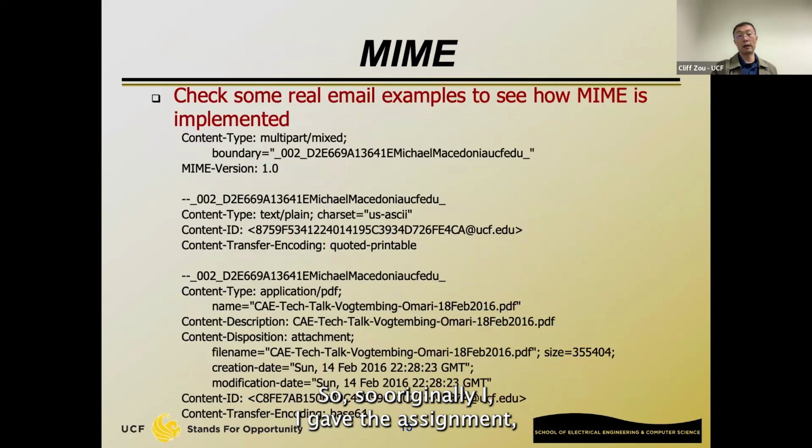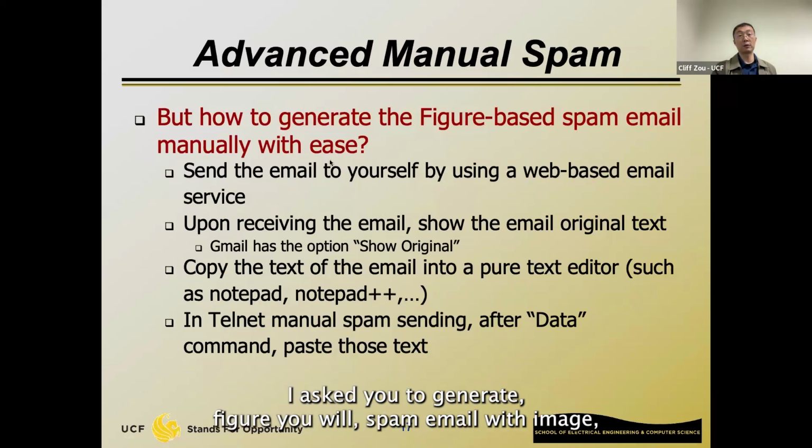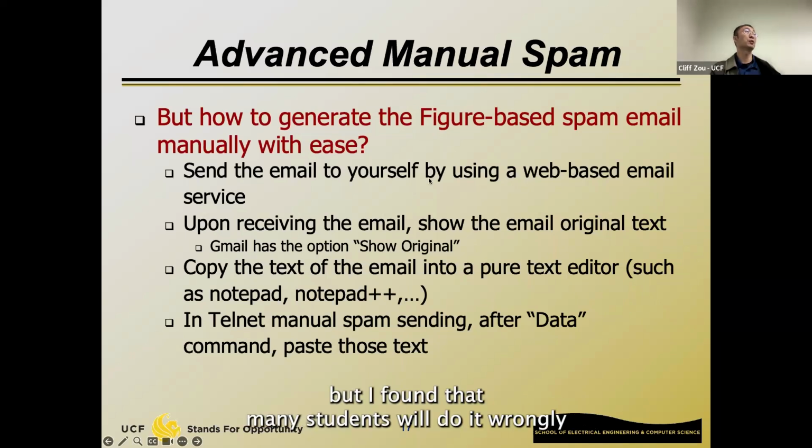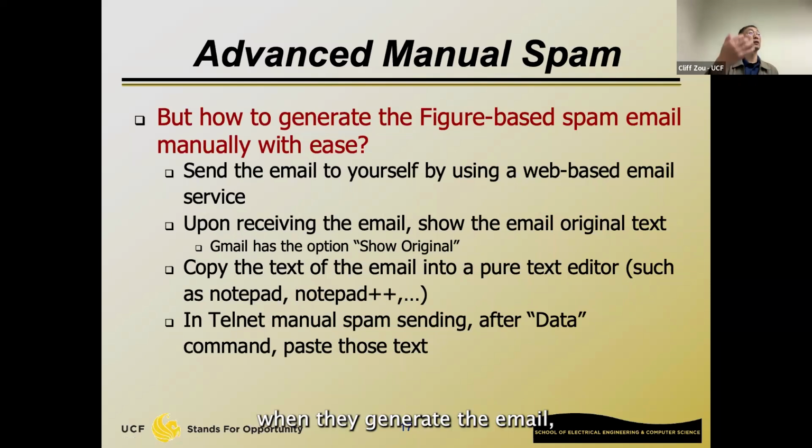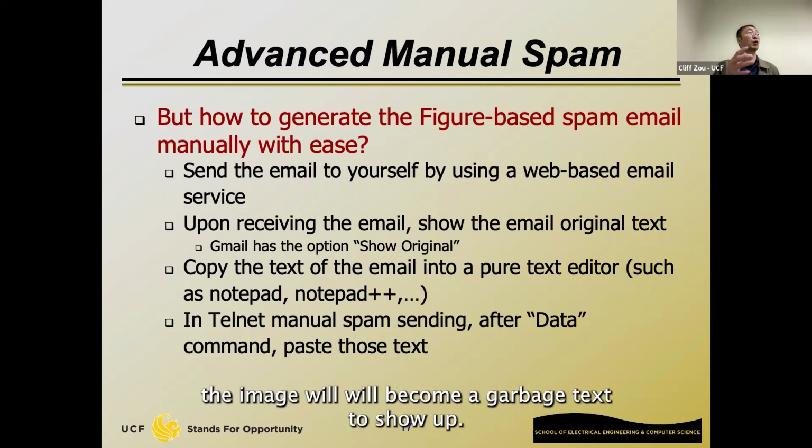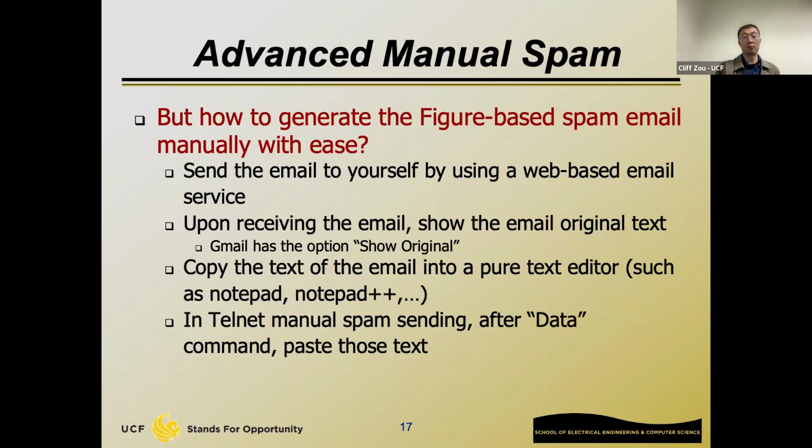So originally I gave the assignment asking you to generate a spam email with an image, but I found that many students did it wrongly. When they generated the email, the image would show up as garbage text. So I removed that requirement.